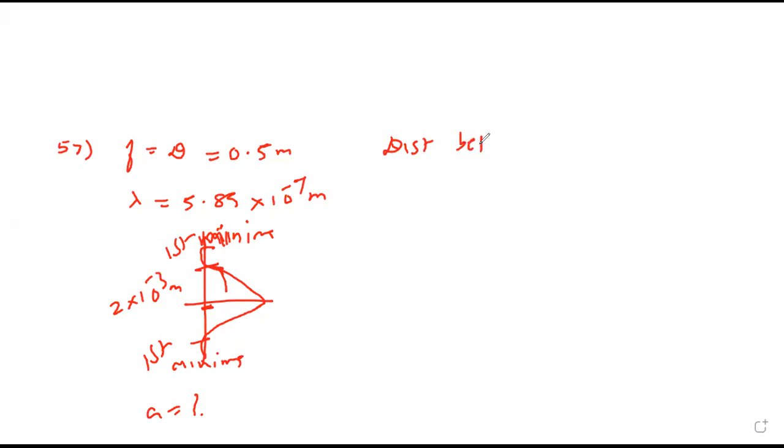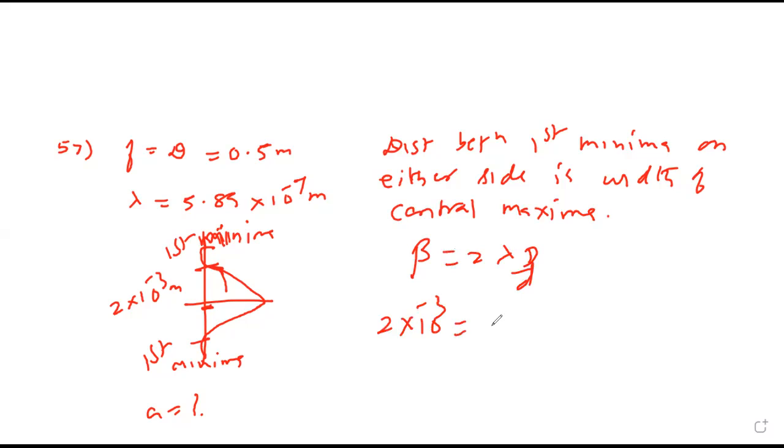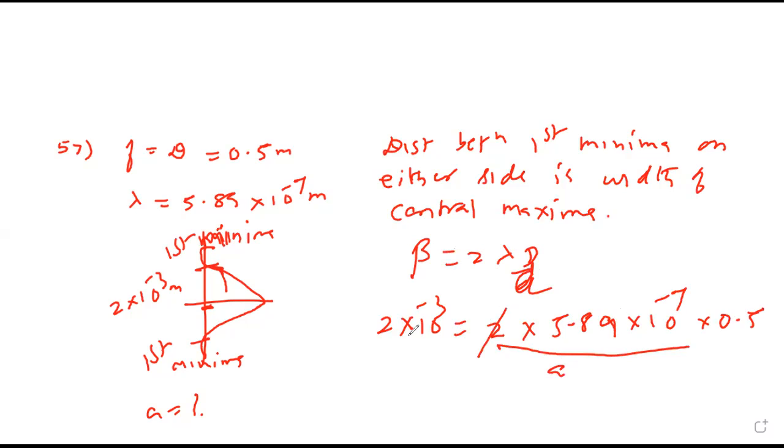Distance between the first minima on either side is the width of the central maxima. This you should remember carefully. So beta is 2 lambda D by A. This is 2 into 10 raised to minus 3 equals 2 into 5.89 into 10 raised to minus 7 by A. The 2 gets cancelled.